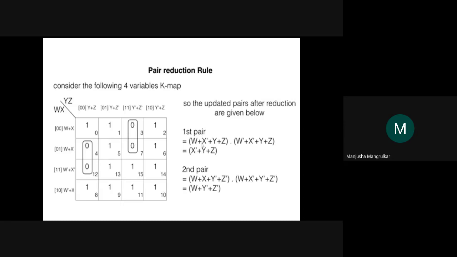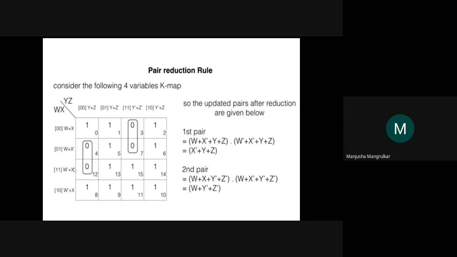What is the same here? The constant ones are x complement, y and z. The change is W to W complement. So we can remove this term, and while pairing only three terms remain: x complement plus y plus z complement for this.